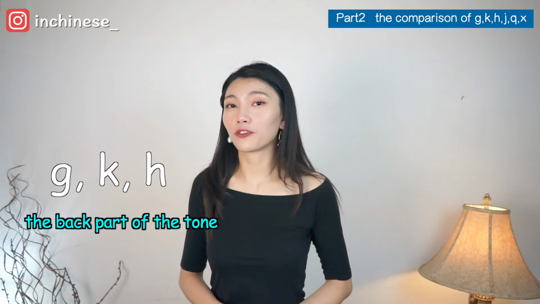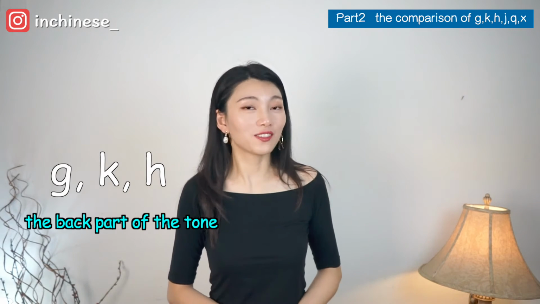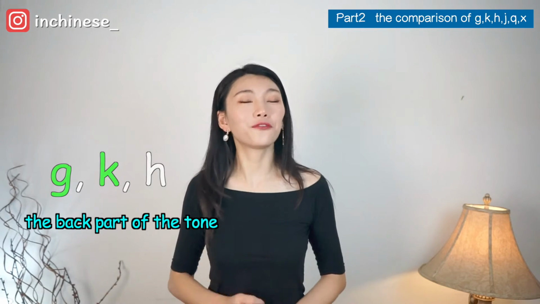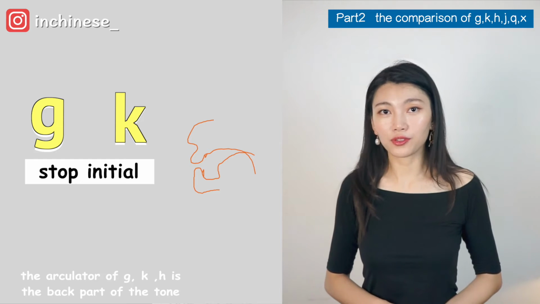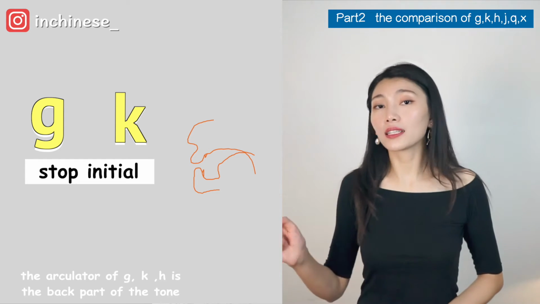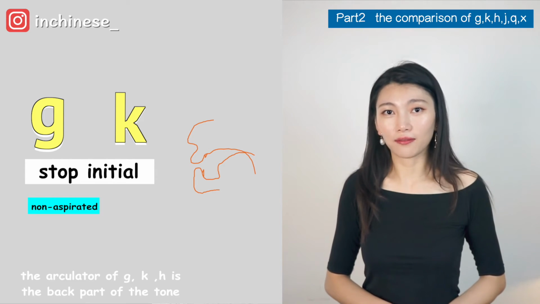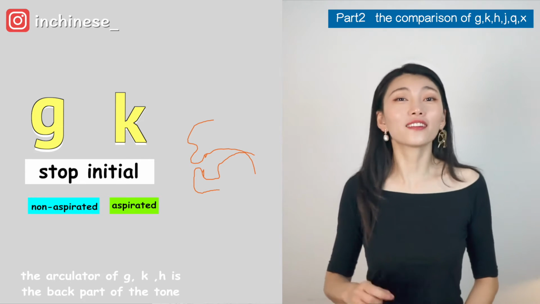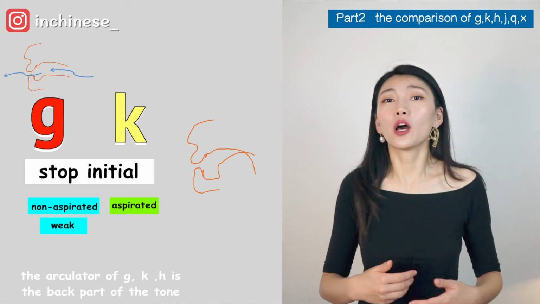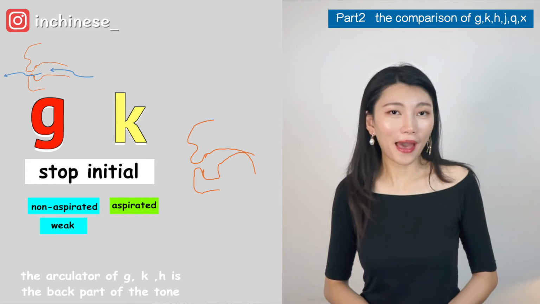The articulator of G, K, and H is the back part of your tongue. Let's talk about G and K first. G and K are both stop sounds. The only difference is that G is non-aspirated and K is aspirated. When you pronounce G, the air breaking through your mouth is weaker.